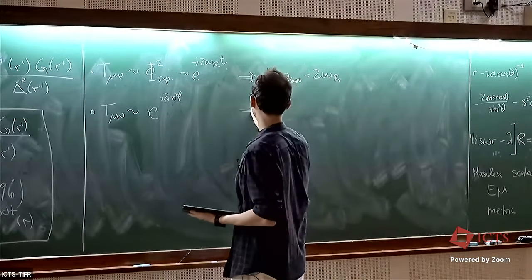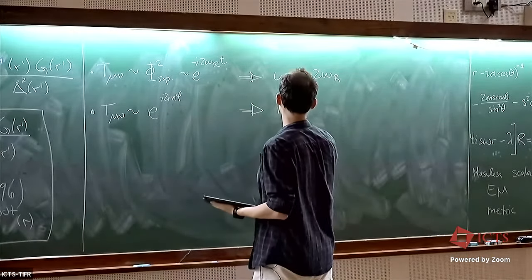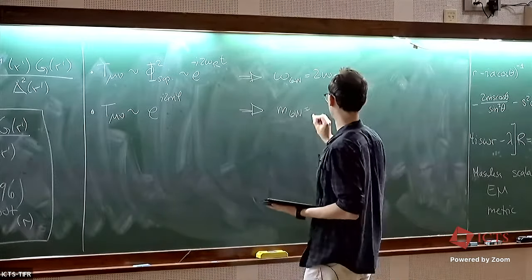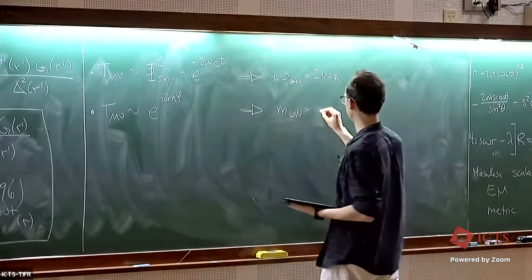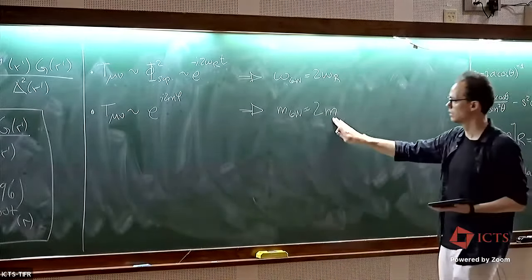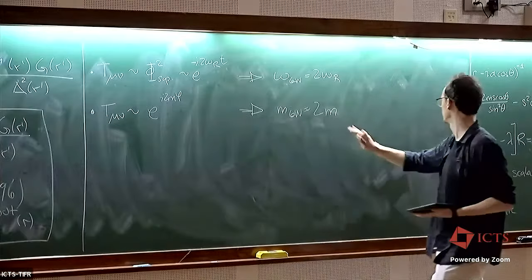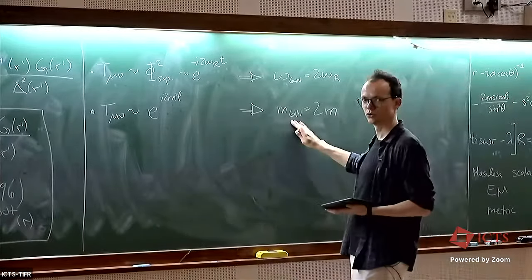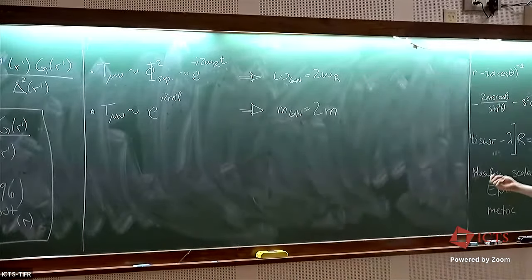And for the exact same reason, this means that the azimuthal index of the metric perturbation, m GW, is 2m. Okay, so where the lowercase m is the azimuthal index of our superradiant state, and then m GW is the azimuthal index of the metric perturbation.